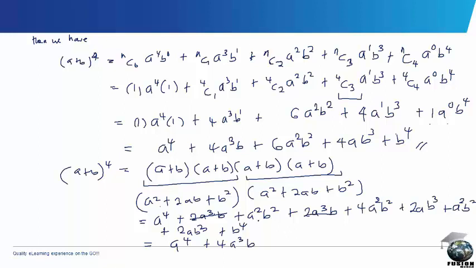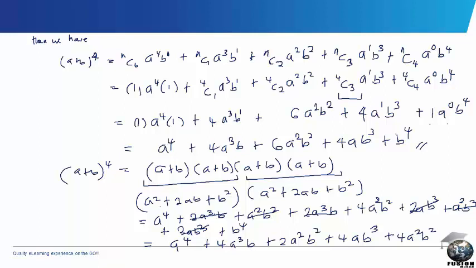Right, and then this side we have a squared b squared. We have a squared b squared here too, so we can write as 2a squared b squared. Okay, and so at this point we have 2ab cube, and here we have 2ab cube, can write as 4ab cube. Okay, and then at this part too we have 4a squared b squared.